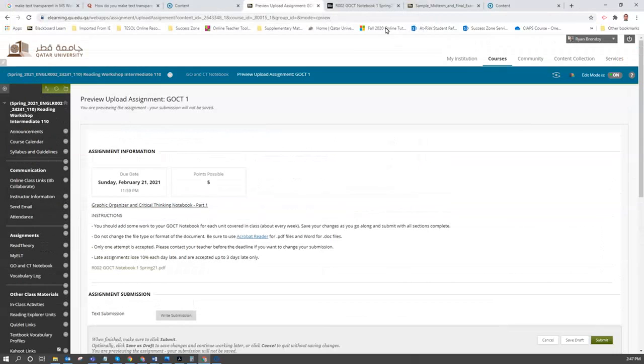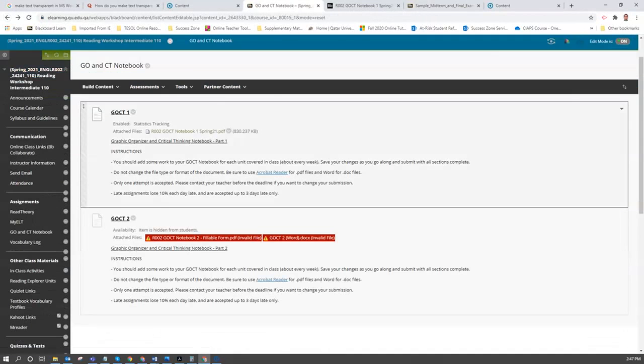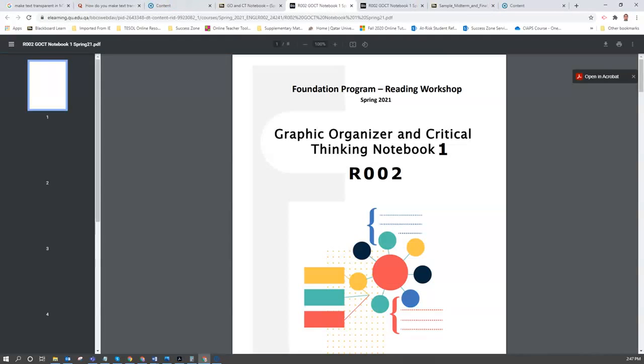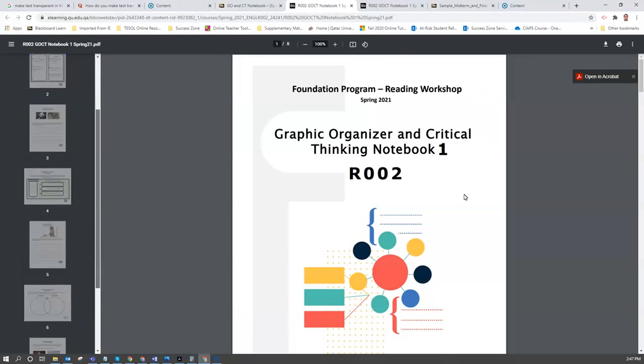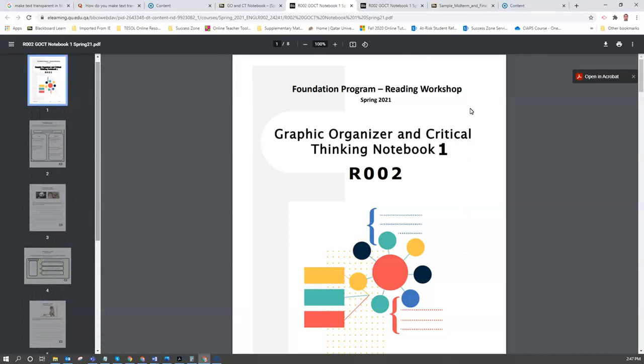But let's take a look at where the graphic organizer, the actual document is. You'll see it's here, right here, graphic organizer Spring 21. So we're going to open that up, and you can see it's a PDF document. And it's only 8 pages long. So it's 5%, 8 pages, and that's your assignment for the first half of the semester.